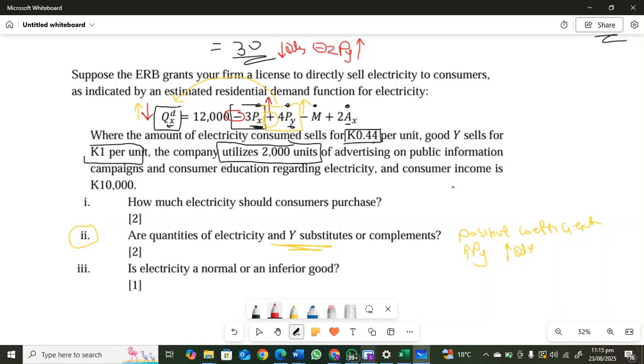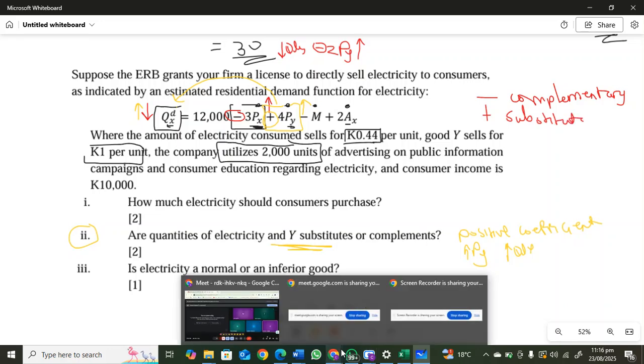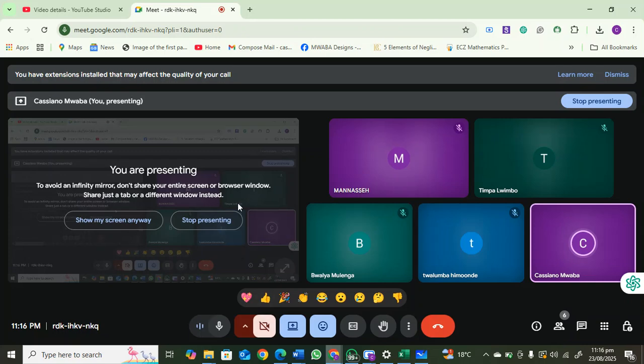So if the price of the other good has a minus sign, complementary goods. If the price of the other good has a positive sign, substitute goods. Are we clear on that? Any questions? Because there are many ways these demand functions can come.